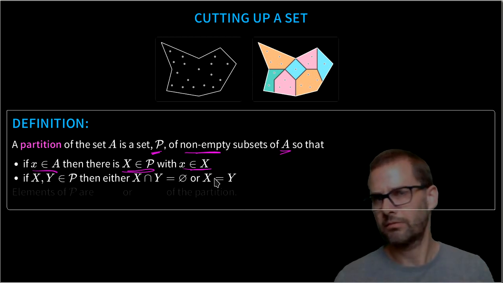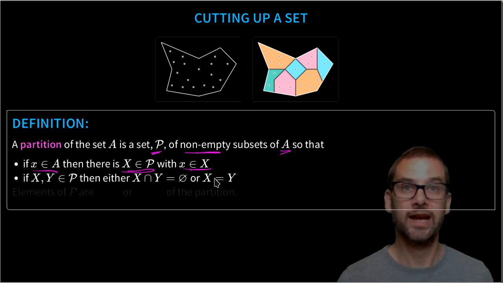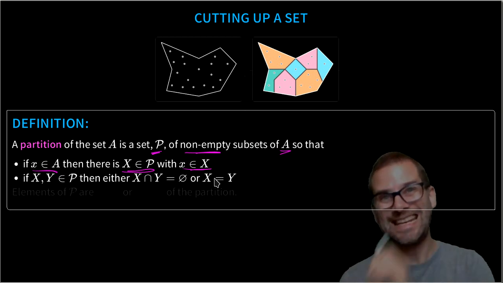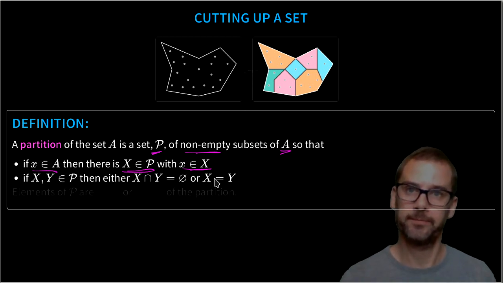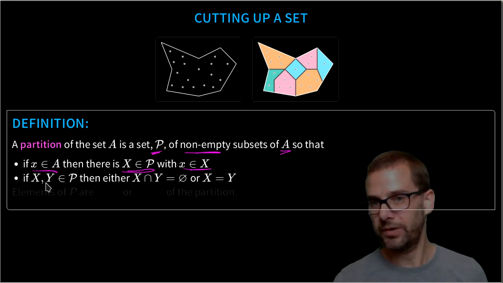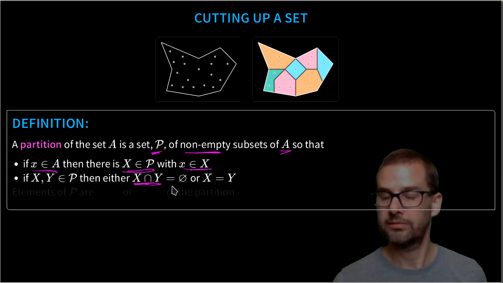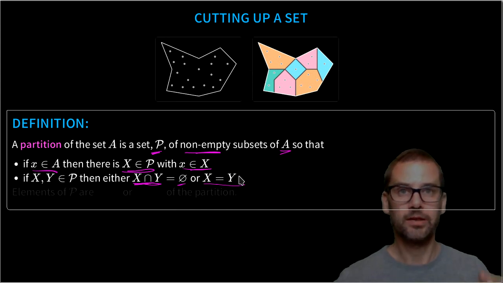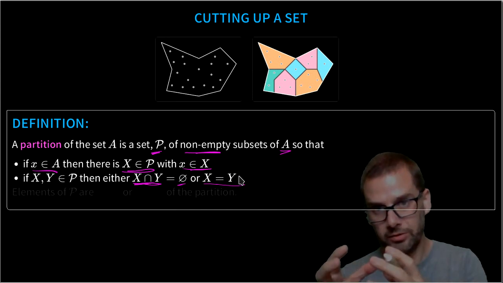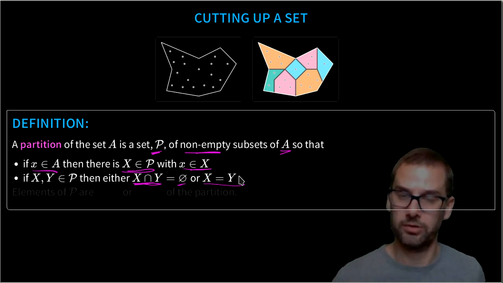Further, if we take out two parts of our partition, then their intersection is either empty or the pieces are the same. That is, the pieces of our partition of the set are either identical to each other or they're completely disjoint.